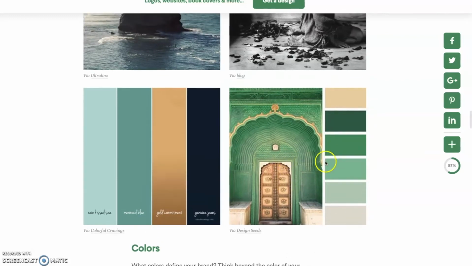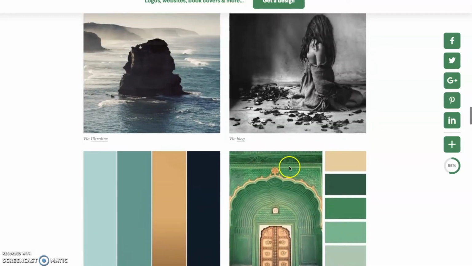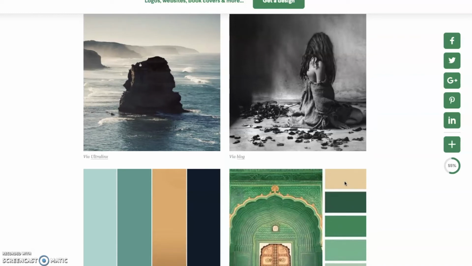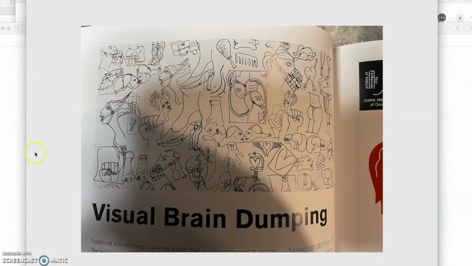The idea of a mood board is come back with a certain style, if you like, colors, but don't bring me direct links of the project you're actually working on, because all that does is lead you down a road of just copying and plagiarizing something that's already been done. So that's mood board.